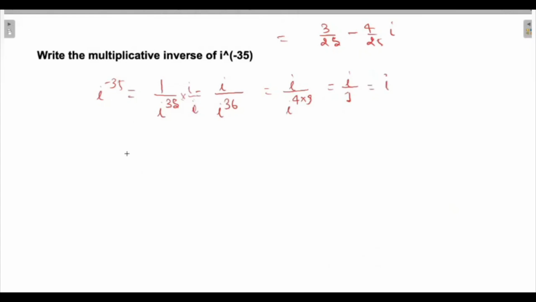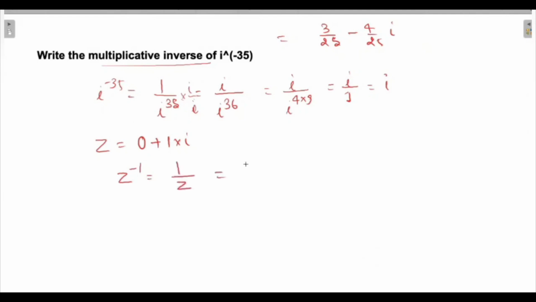So this is basically a complex number z, wherein my real part is 0 and imaginary part is 1, that is 1 into i. This is my complex number, and I have to write the multiplicative inverse of this. So the multiplicative inverse is z inverse as I did last time, and it's going to be 1 by z.